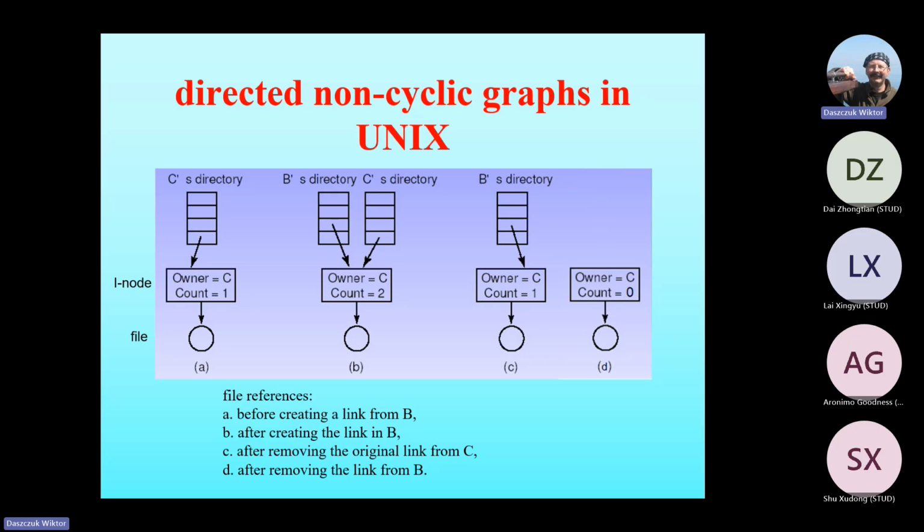It's user B, and he has my file in his directory. The owner did not change. It only changes the link count to 2. And the position of the file on disk does not change.